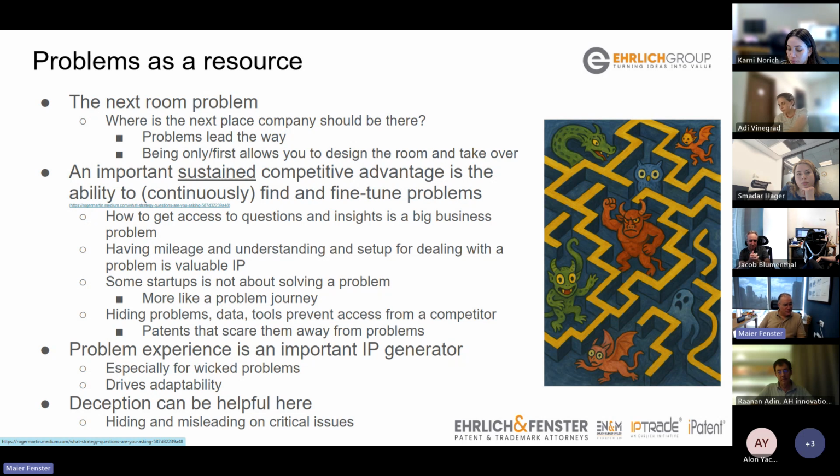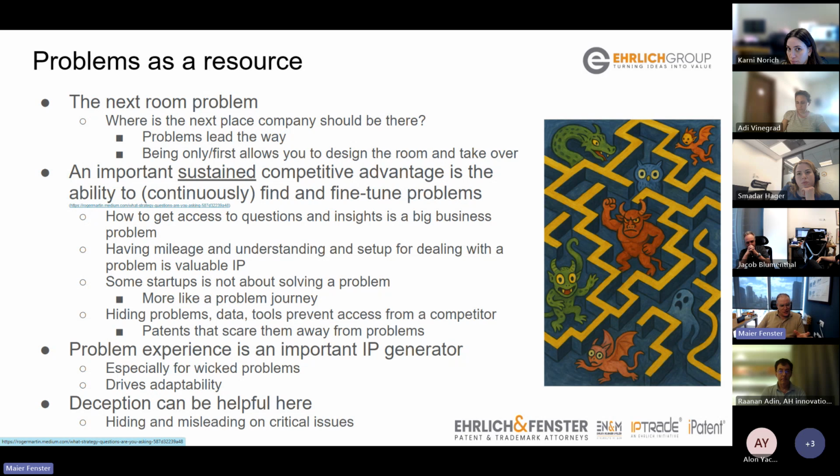As long as your competitors are following you, they don't know where you're going to go next. But if you have a mechanism and access to the questions and problems that people have, you can do that. And we see it in a lot of startups that while they say they're trying to solve the problem, they're actually on a journey leapfrogging from problem to problem until they find the real problem that needs to be solved.